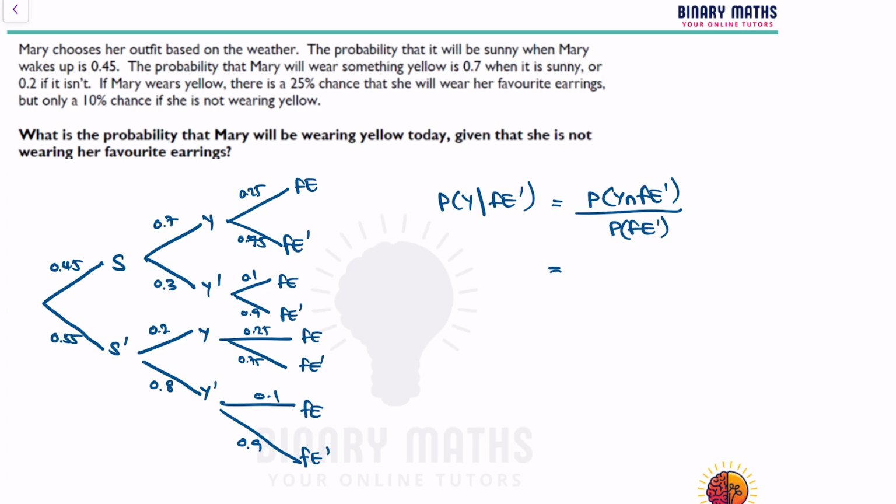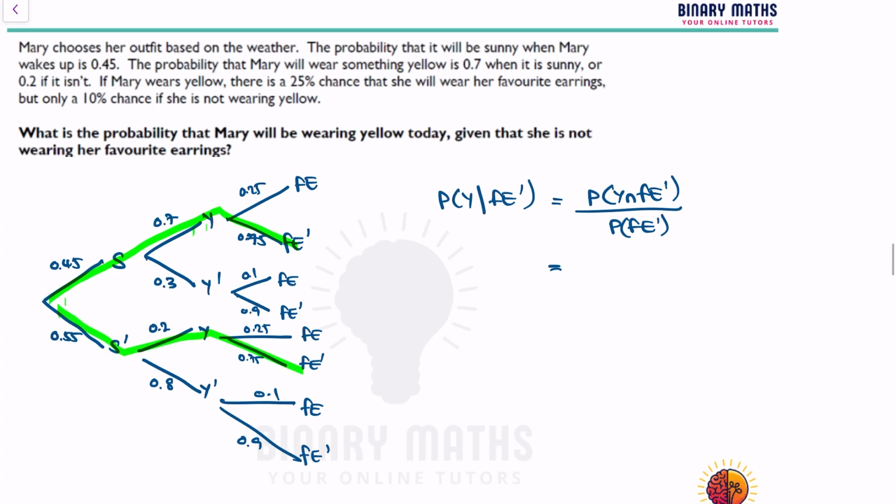Now, for the probability of Y intersect not favorite earring, there are two different combinations: sunny, yellow, and not favorite, or not sunny, yellow, and not favorite.